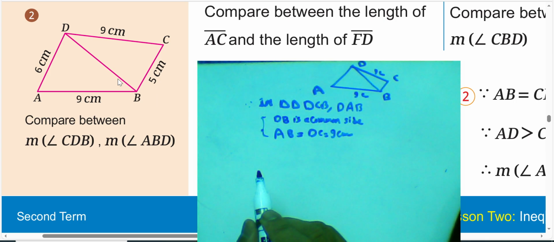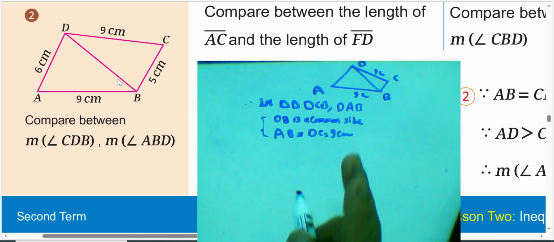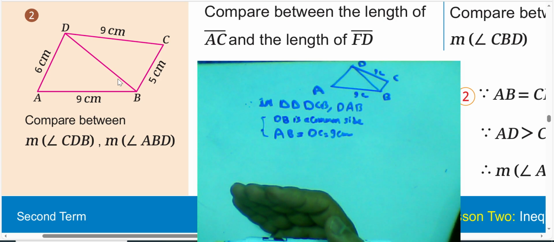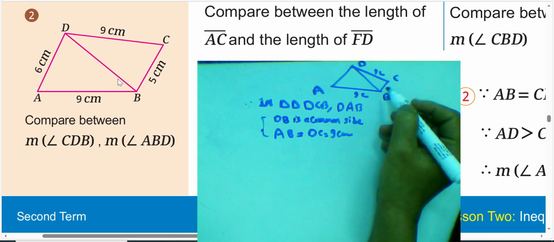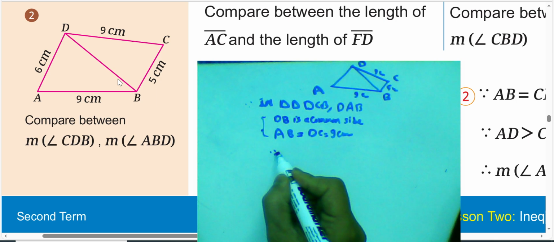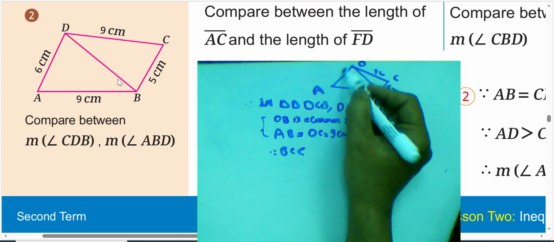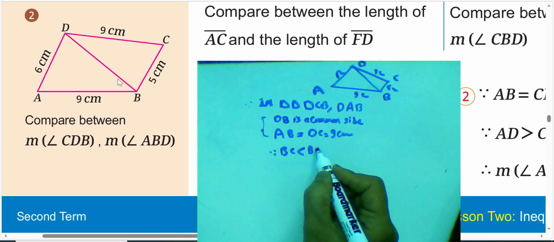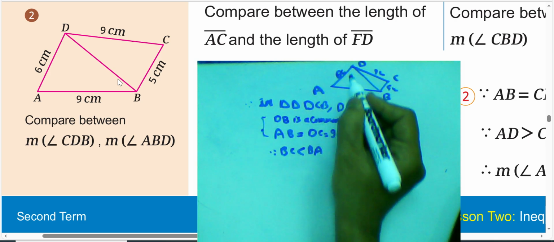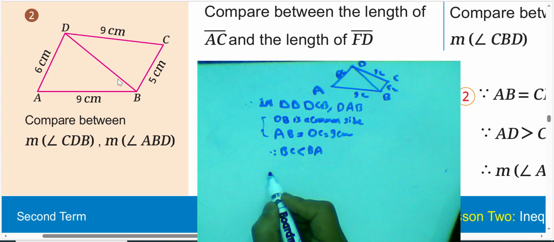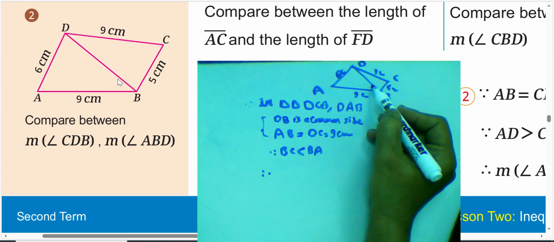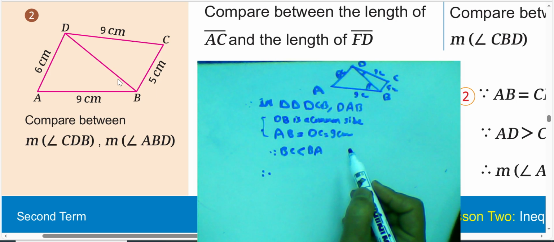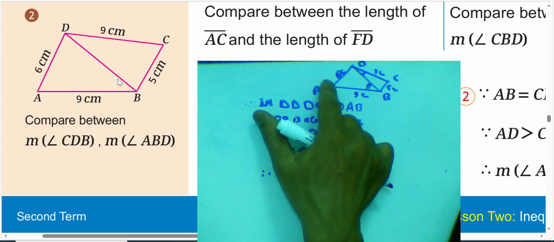Then the relation between the other sides gives me the opposite angles' difference in measure. We have BC was 5, such that BC is less than AD, which was 6 centimeters. Then the opposite angle in the first is greater than the opposite angle in the other triangle, because 6 is greater than 5.